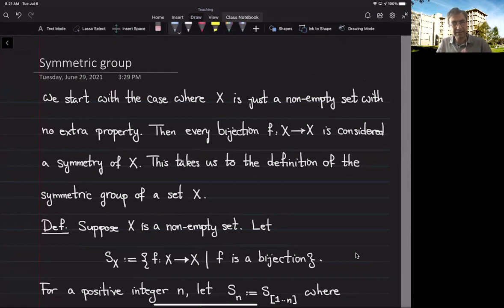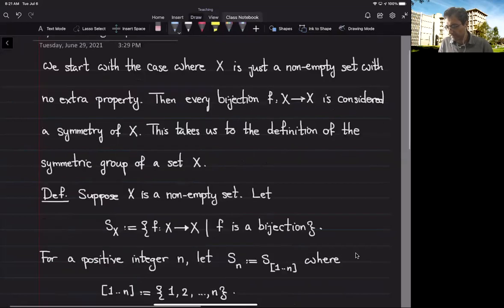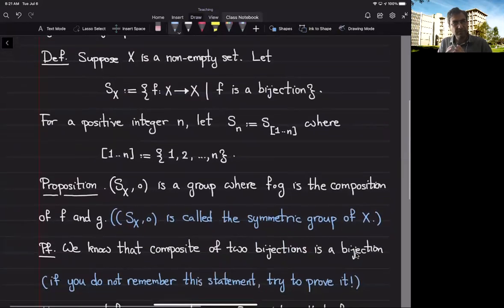We don't demand any particular structure on X. In that case, every bijection from X to X is considered a symmetry of X. This takes us to the following definition. If X is a non-empty set, then the set of all the bijections from X to X is denoted by S sub X.